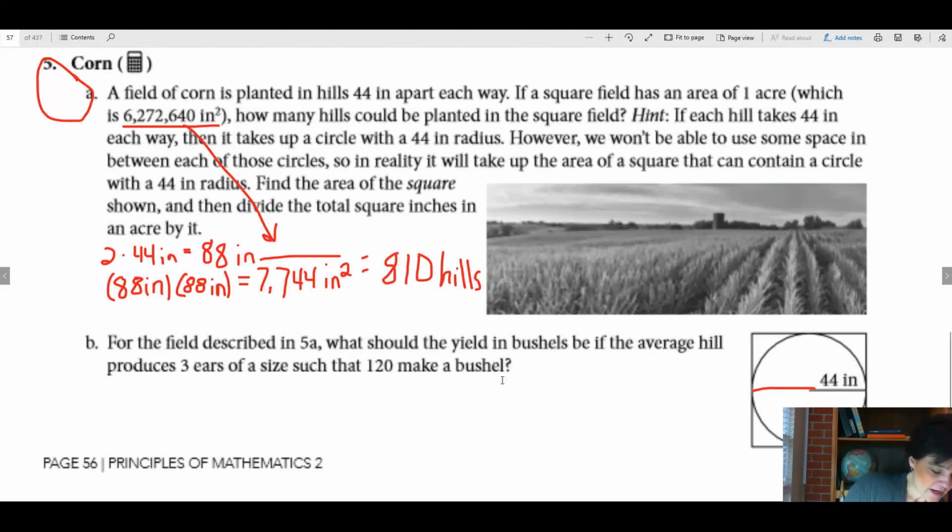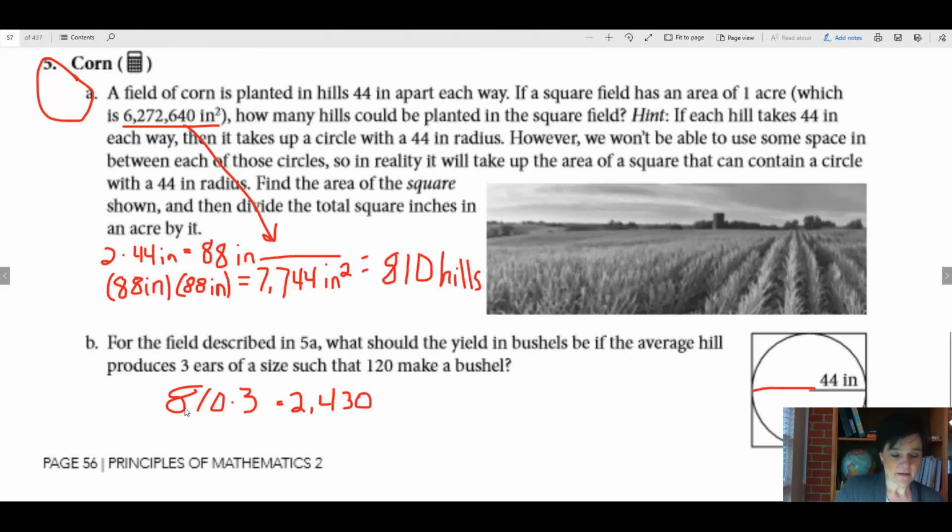All right, so we know that 810 times the 3, because it's 3 ears, and then once you get that, you're going to come up with 2,430 ears of corn.